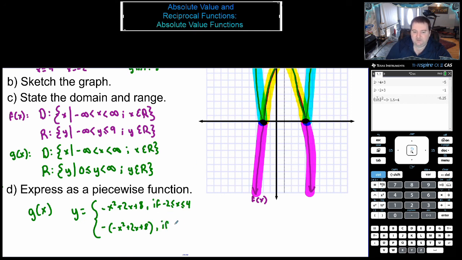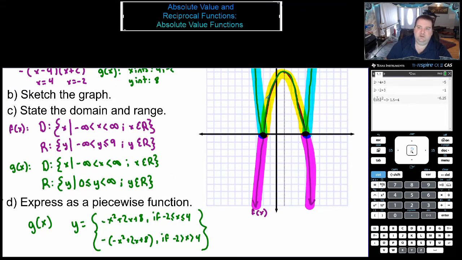And this happens if, what? If x is less than -2 and if x is greater than 4. And there's my piecewise function. My first piece is this yellow portion, saying that it looks exactly like f of x in between -2 and 4.